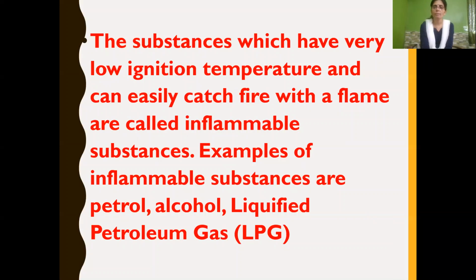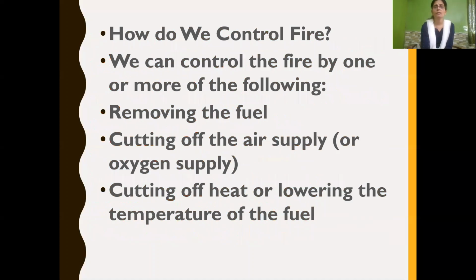So what are inflammable substances? The substances which have very low ignition temperature so that they can easily catch fire with flame are called inflammable substances. Examples of inflammable substances are petrol, liquefied petroleum gas, kerosene, etc. Then how do we control fire?